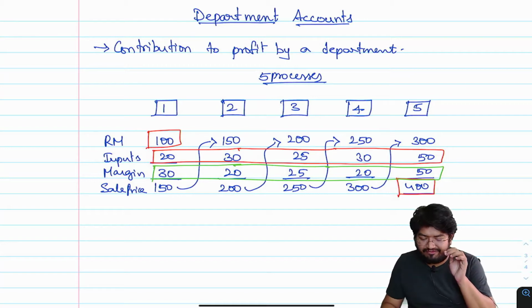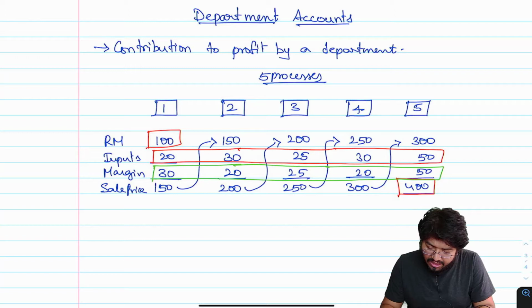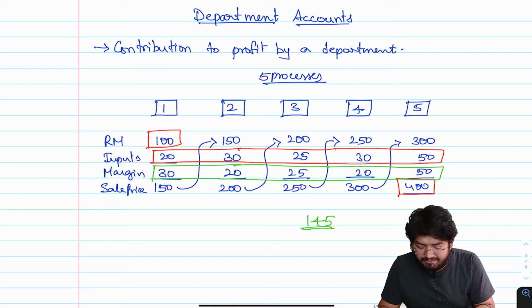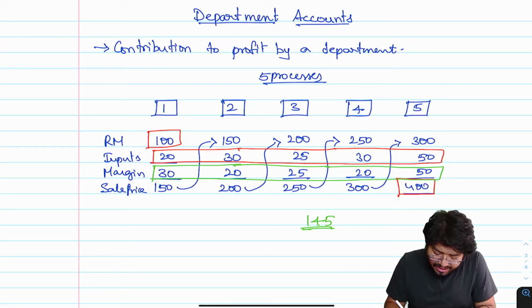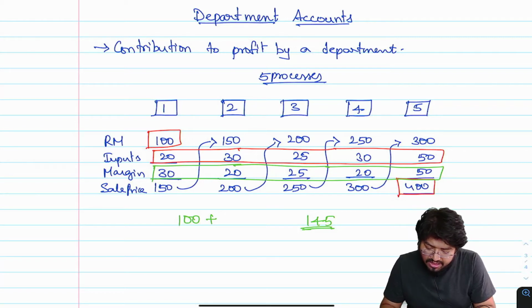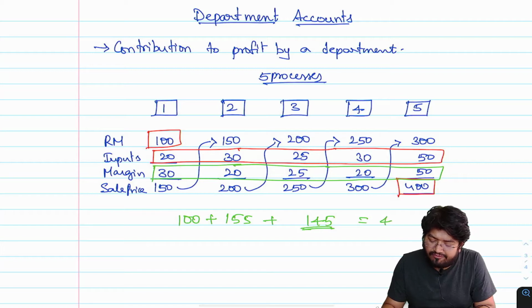So what is the total margin here? 50, 100, 145 rupees. 145 rupees is the margin the company made by initially giving an input of 100 rupees, and the additional contribution they have done is 155, and added a markup of 145 to sell it for 400 rupees.